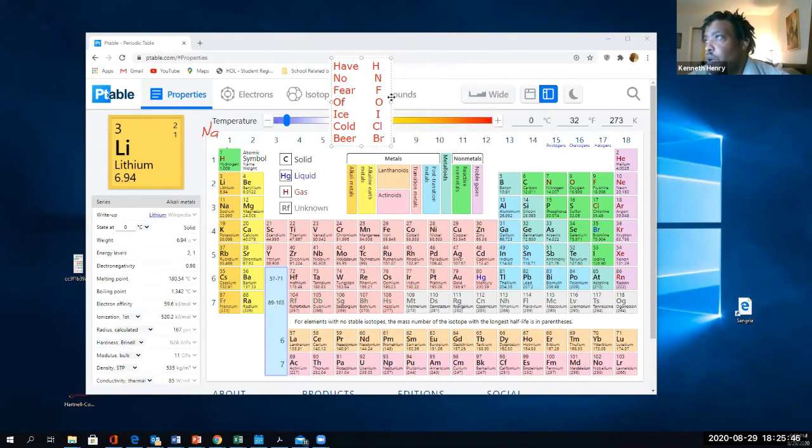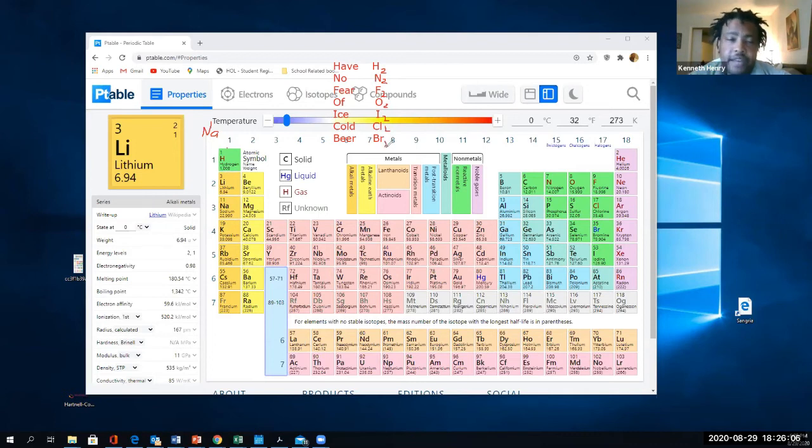So these guys will always be diatomic, meaning there will be 2 atoms of hydrogen, 2 atoms of nitrogen, 2 atoms of fluorine, or 2 atoms of oxygen when they're alone by themselves. They don't like being alone, in other words.